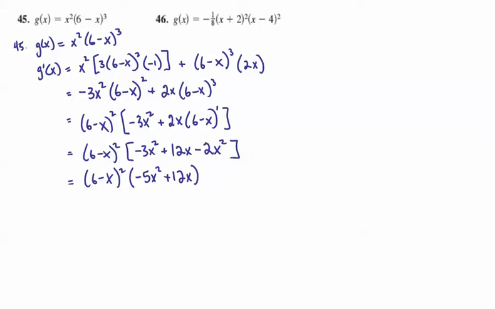And then we can factor out an x from that. Let's factor out a negative x from that. (6 minus x) squared, leaving us with 5x minus 12.